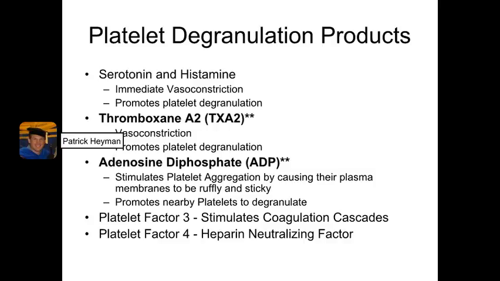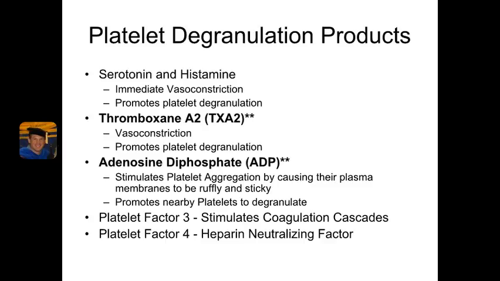Things that are released by the platelets include serotonin and histamine, which are going to help cause vasoconstriction nearby and promote platelet degranulation of other platelets. So basically, when one degranulates, they all degranulate nearby, which is kind of like dominoes.